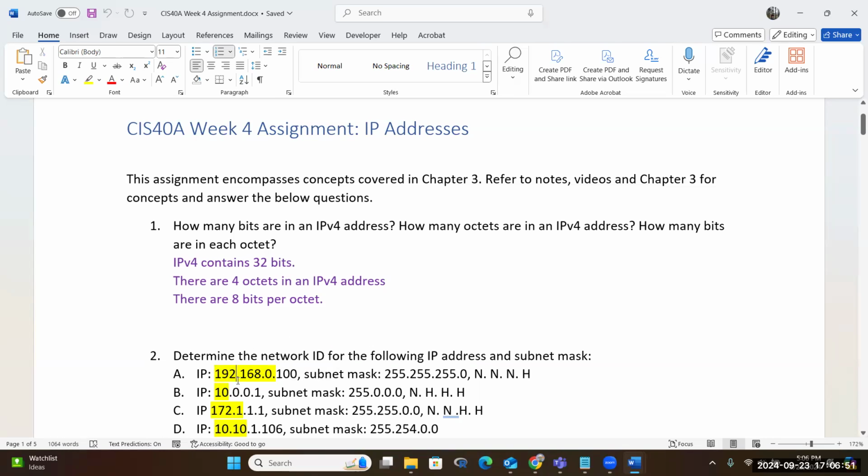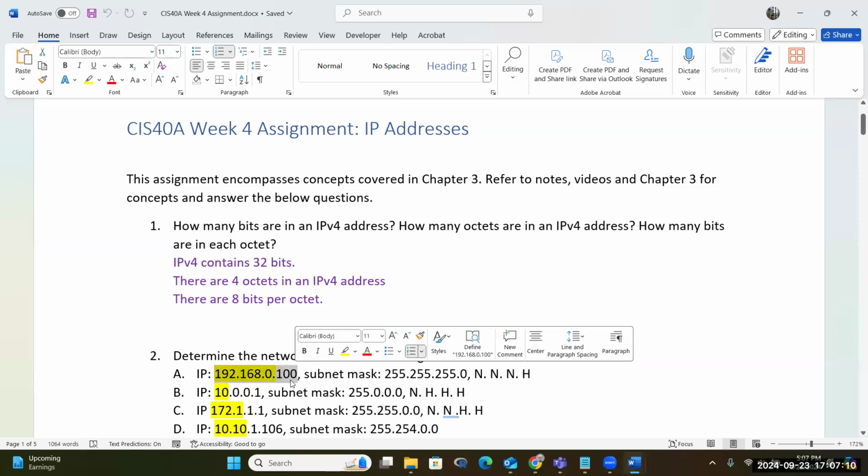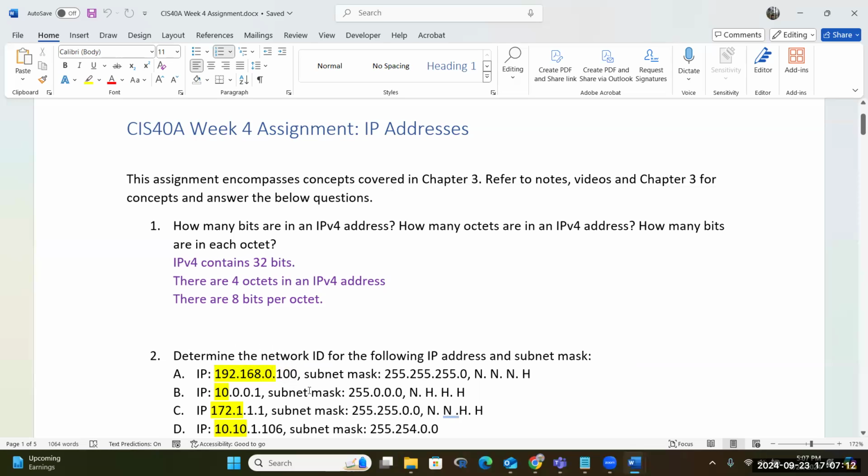So each of the decimal values before the period, we call that an octet. It consists of 8 bits. And if you take 8 bits plus another 8 bits, that's 16, plus another 8 bits, right? And so on. So you are going to have 32 bits. So you have 24 plus 8, that's a total of 32 bits.